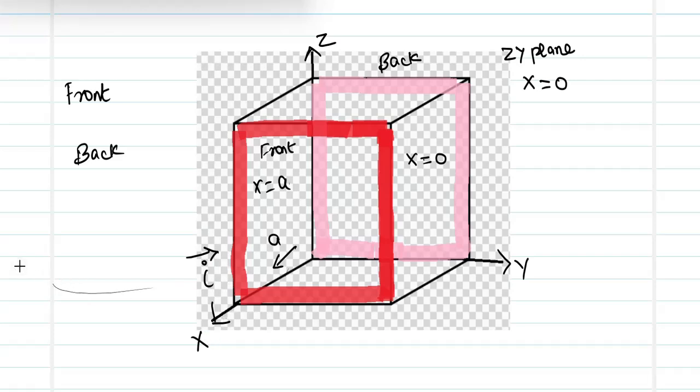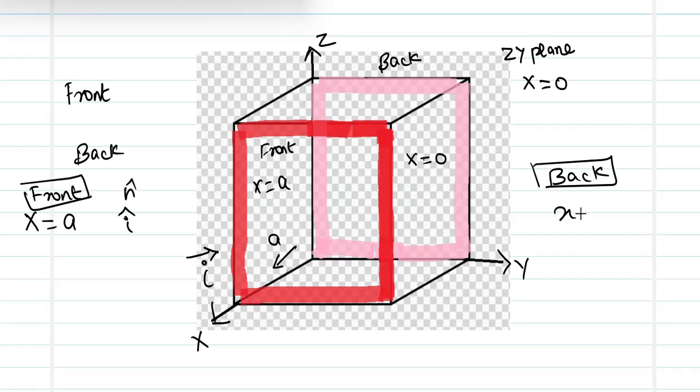Hence, for the face x equal to a, which is going to be in front, the unit outward drawn normal, or your n cap, will be equal to i cap. And for the front you have x equal to a, for the back we have x equal to 0.